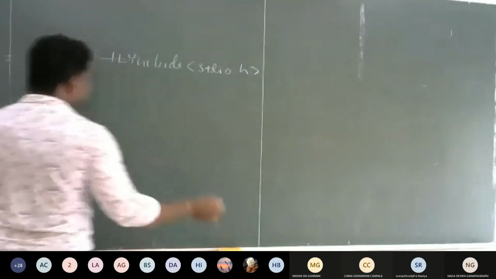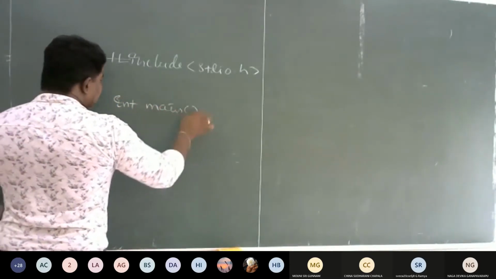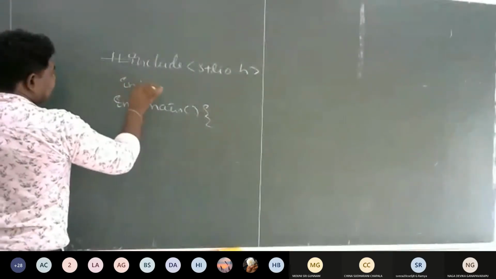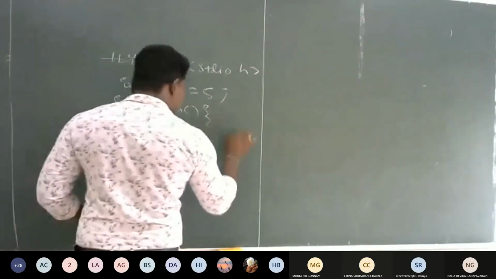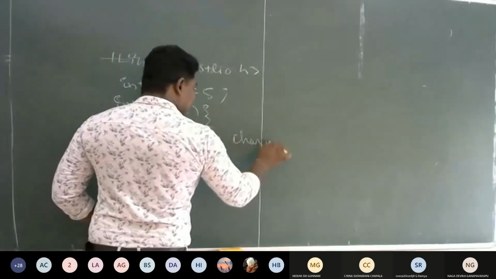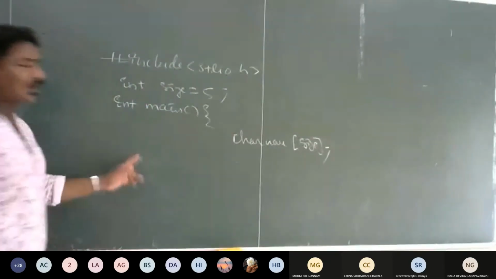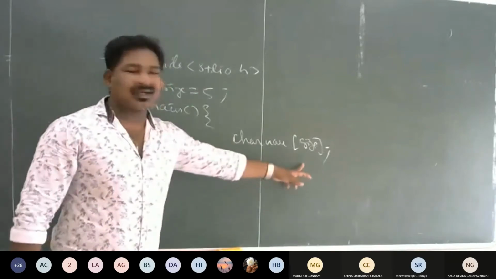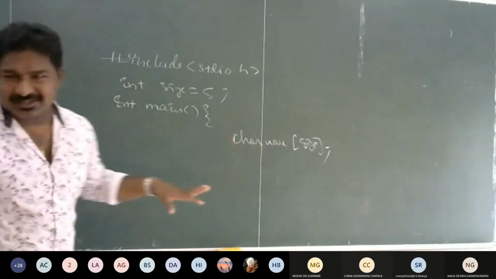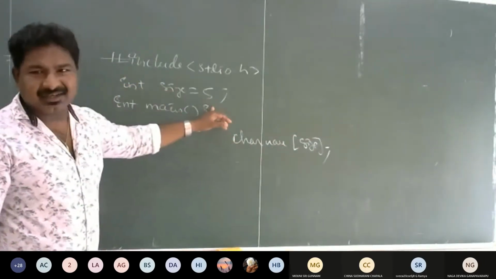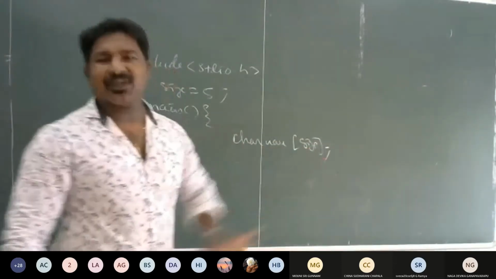Obviously, you will have the main function, int main. For example, here you can declare int size is 5. Then I can say char name, and inside this I can write size. What does it mean? When I am writing a name here, it should have a prior value; it should be already declared. So it is already created here. Instead of writing 5, I can write size, because size will be replaced by 5 only.